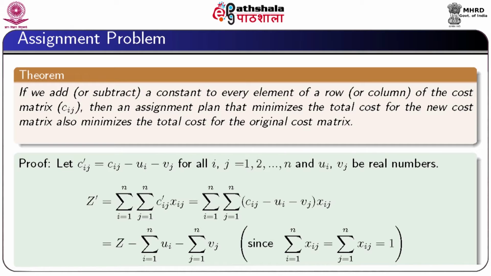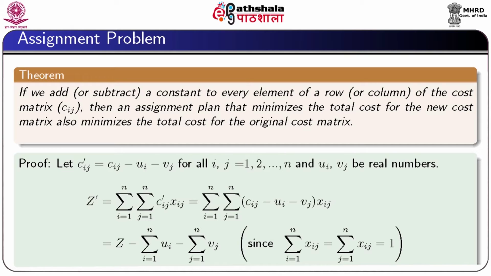For this, we assume a new cost matrix Cij dashed, which is equal to Cij minus ui minus vj for all i, j equal to 1 up to n, and ui and vj are real numbers.